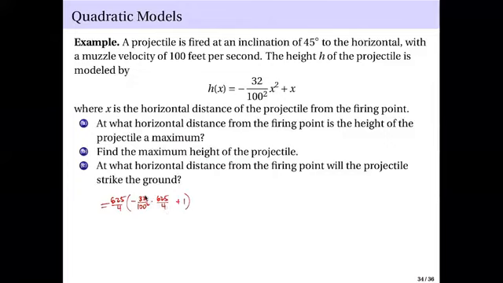So you will just have 8 times 625. So in here, you have 625 over 4 times negative 5,000 divided by 10,000 here. 100 squared, that's 10,000.